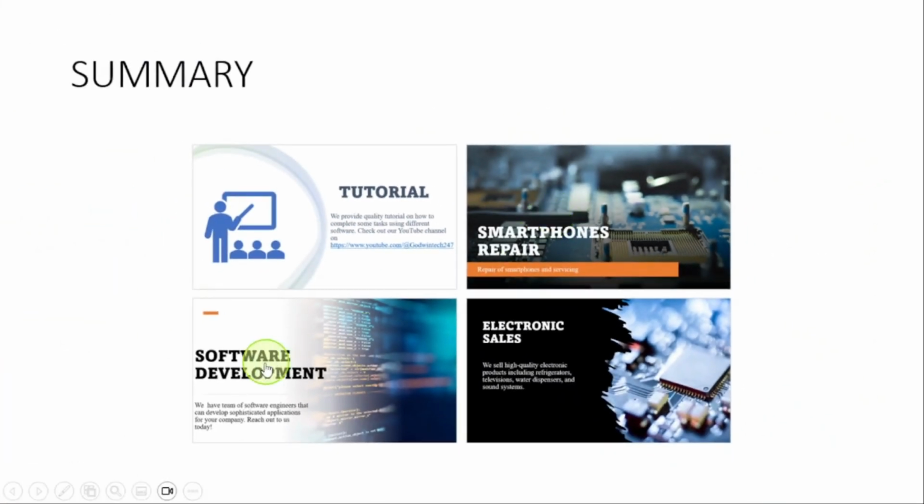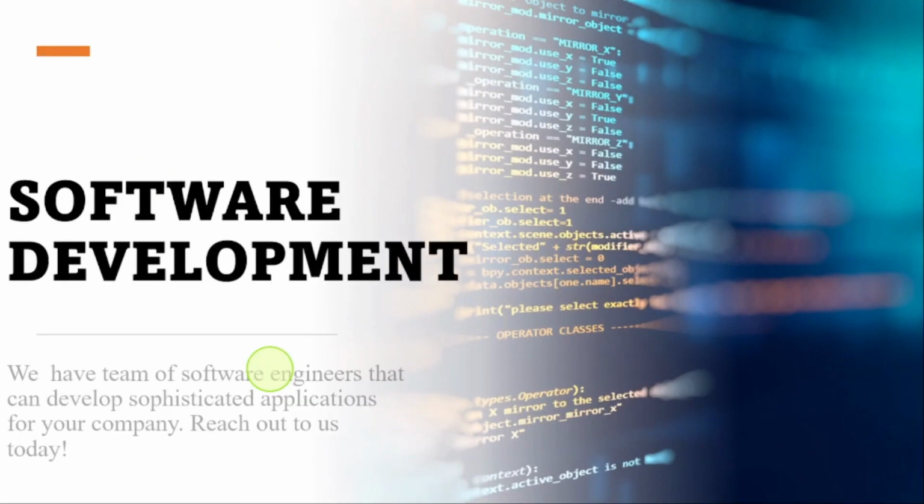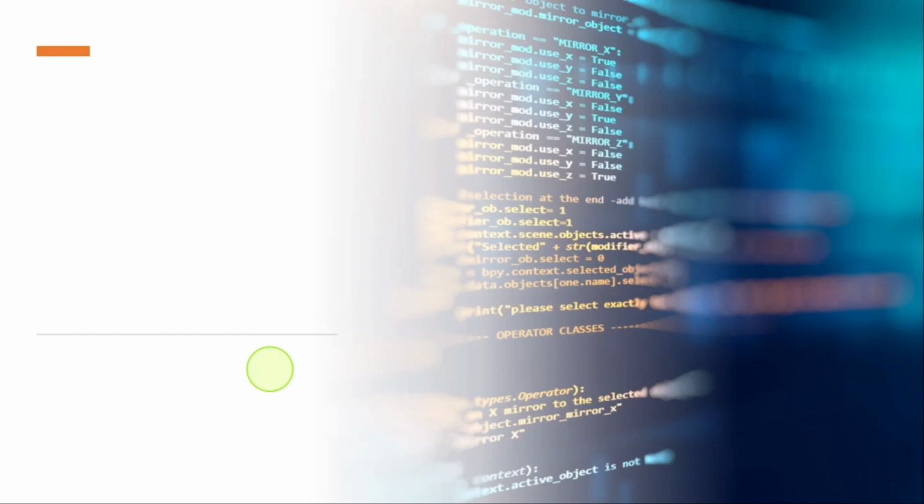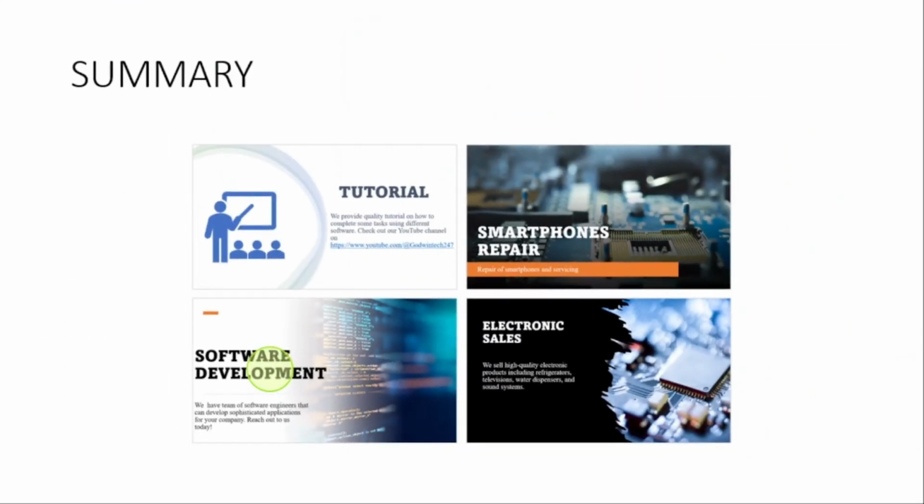If I want to talk about software development, I make it bigger. We have a team of software engineers that can develop sophisticated applications for your company. Reach out to us today. After explaining this to my audience, I click the backspace key, and that returns us to the summary zoom.